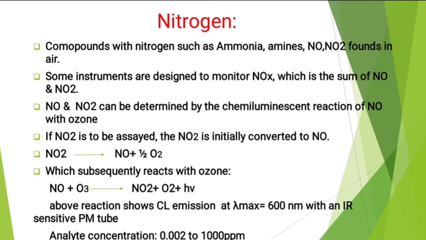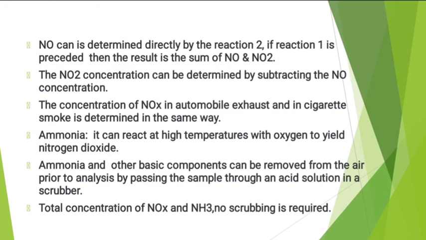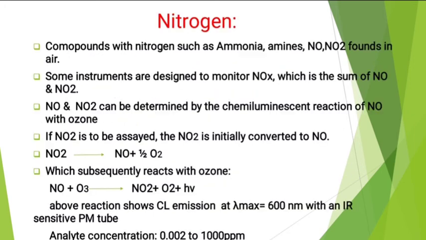And the analyte concentration which is useful for the chemiluminescent analysis of nitrogen is given here, 0.002 to 1000 parts per million. This is the concentration of the analyte required for the analysis of nitrogen on the chemiluminescent apparatus. Here, nitrogen monoxide can be determined directly by reaction 2.